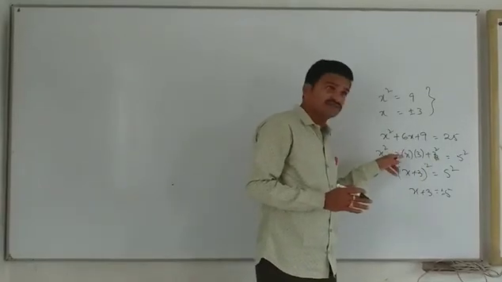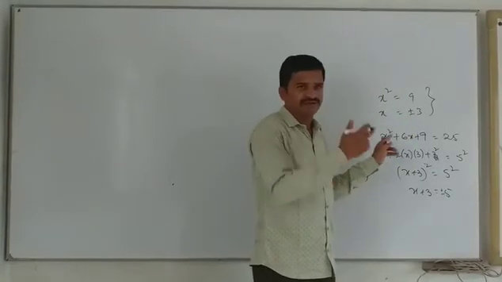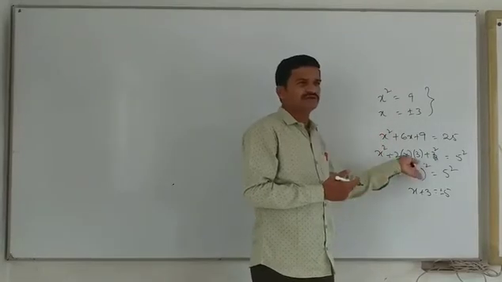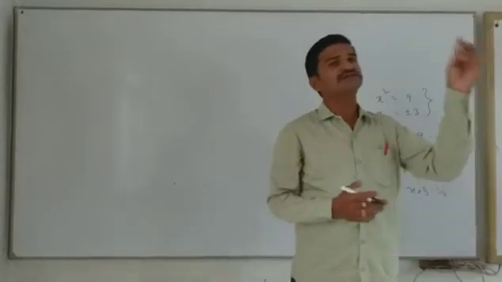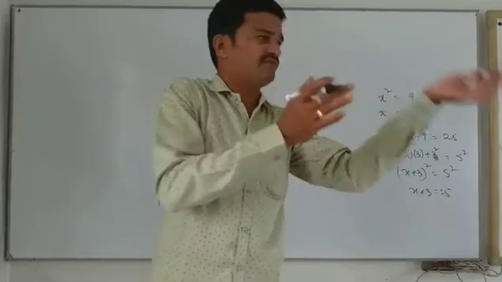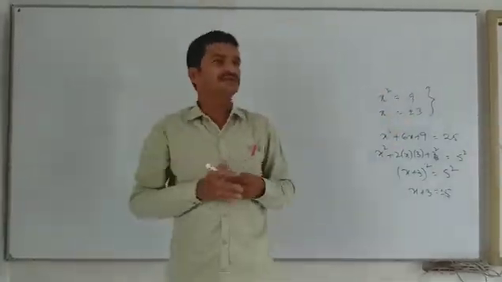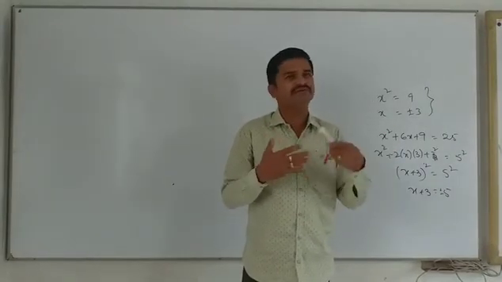In this example it is directly in the form of (a plus b) whole square, but in some questions it may not be. So in such cases, how can we get into the square of something? There are some processes, so let us discuss.